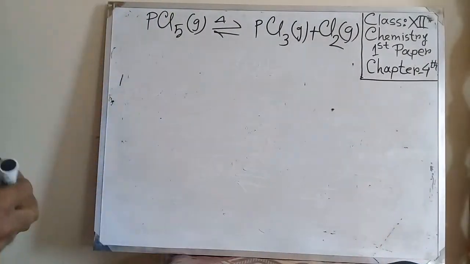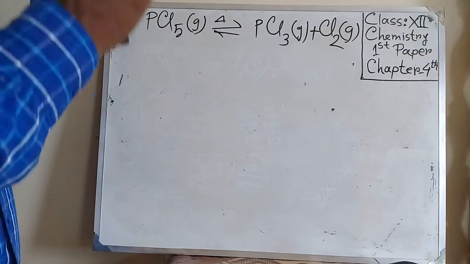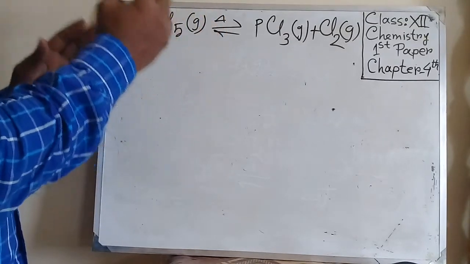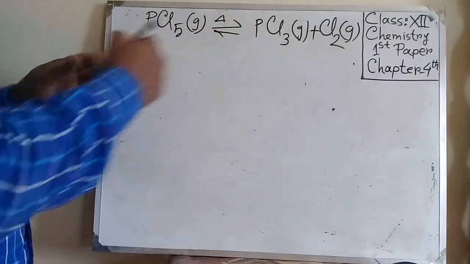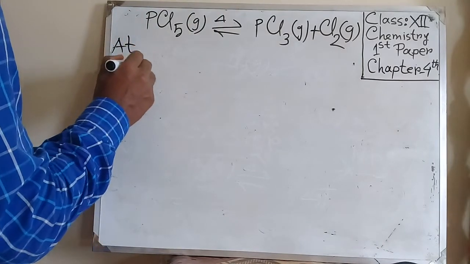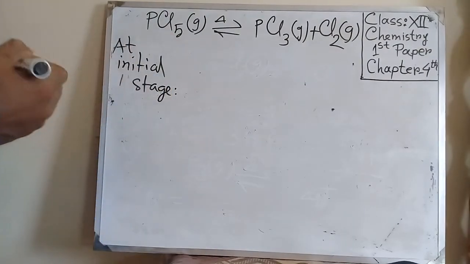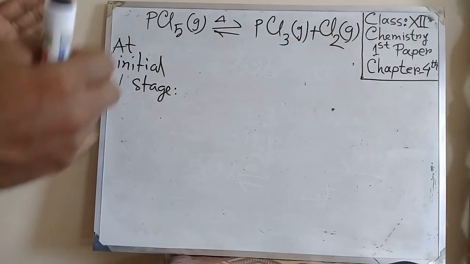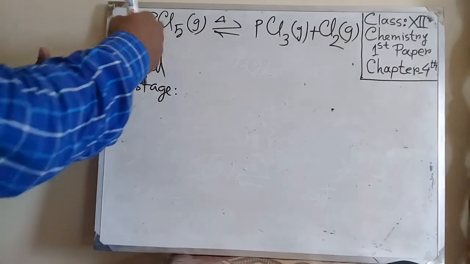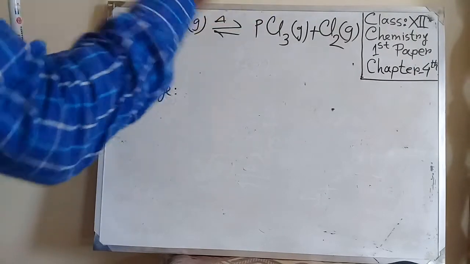So at the initial stage, before starting the reaction, we don't have any type of products. Since there is no reaction and it hasn't decomposed, we can't get any product.